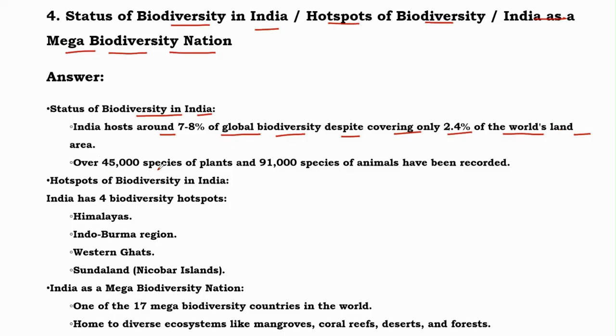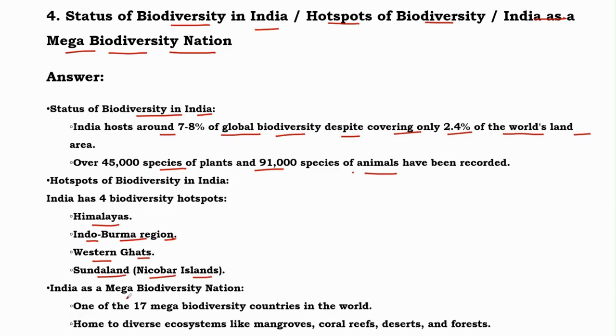Over 45,000 species of plants and 91,000 species of animals have been recorded. Biodiversity hotspots in India: India has four biodiversity hotspots: Himalayas, Indo-Burma region, Western Ghats, then Sundaland, Nicobar Islands.